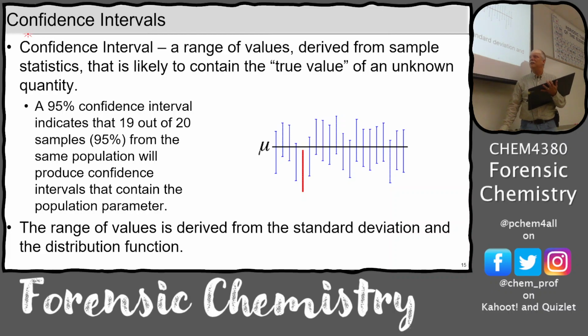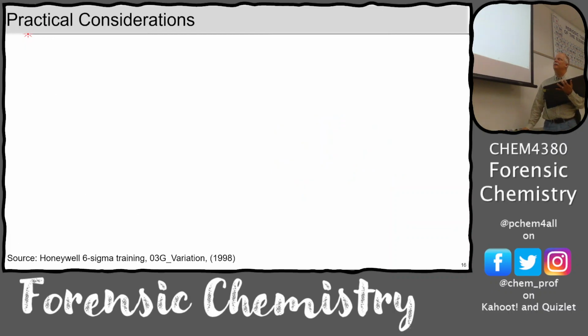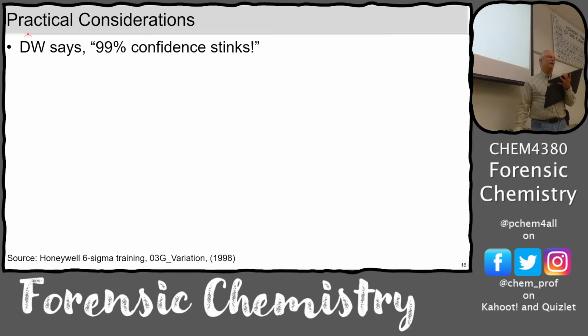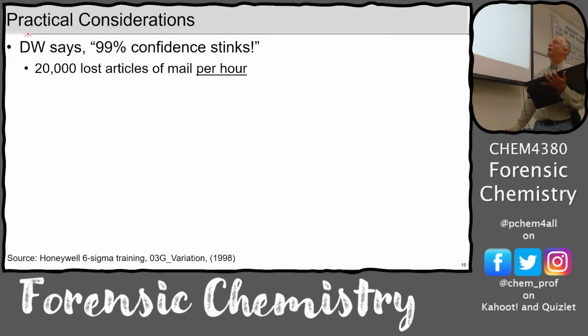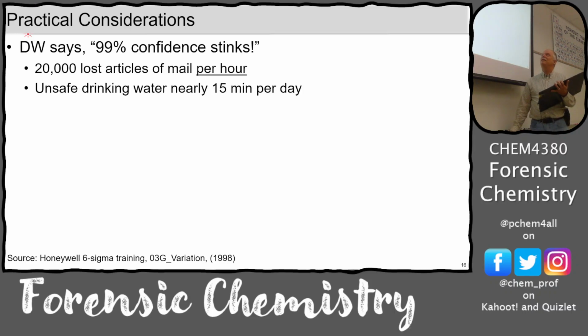This is assuming the standard deviation, assuming the Gaussian. So even 99% confidence stinks, even though it's almost 3 standard deviations. But these are some of the ramifications we have from 99% confidence. That's a lot of mail lost every hour, or unsafe drinking water 15 minutes per day.